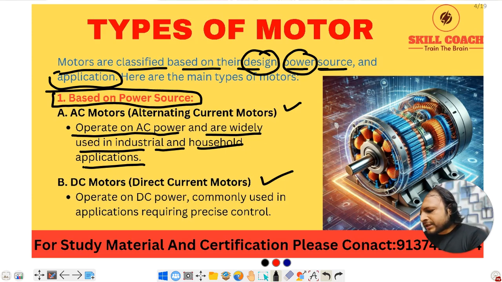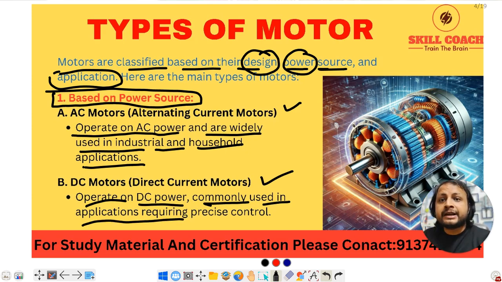DC motors operate on DC power and are commonly used in applications requiring precise control of motion, because we don't want fluctuation. There are a lot of applications, and EV is one of them. We don't want fluctuation in power. With alternating current the motor behaves in a fluctuating way, while a direct source of current provides precise control of the motors.